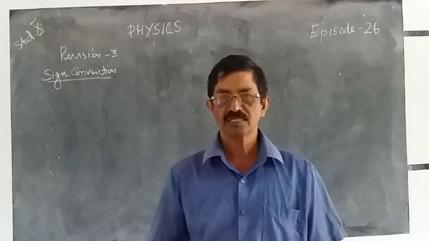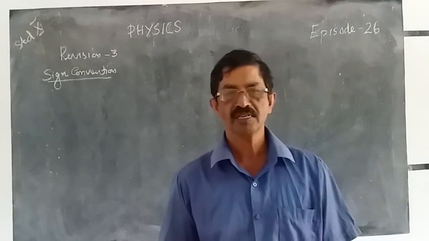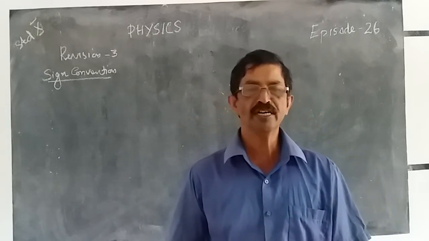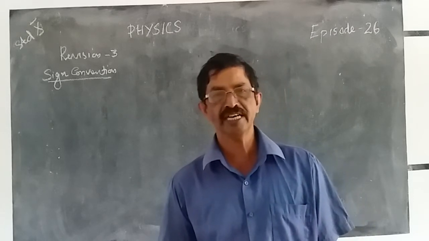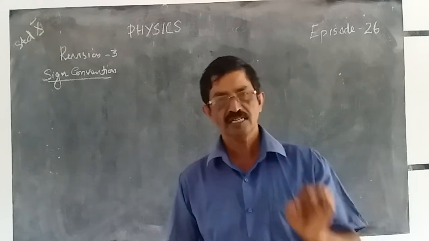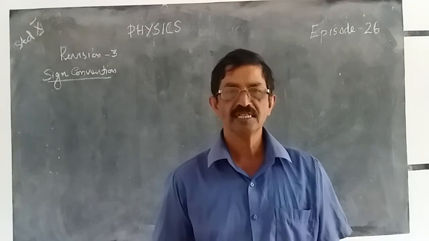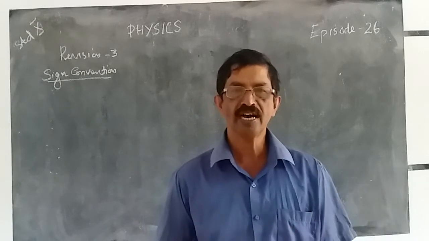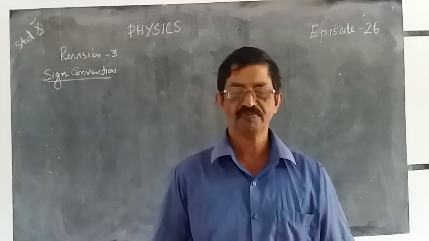When you are remembering sign convention, first of all you want to remember from where we take all the distances, and which direction we consider as positive and which direction will be negative.